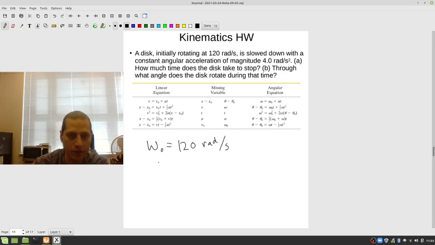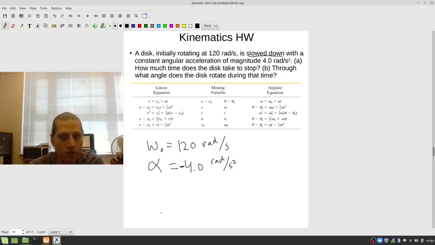So alpha equals 4.0 radians per second squared. But they're being a little tricky with us here. They say of magnitude, and they say it's slowed down, so I'm going to put a minus in there.